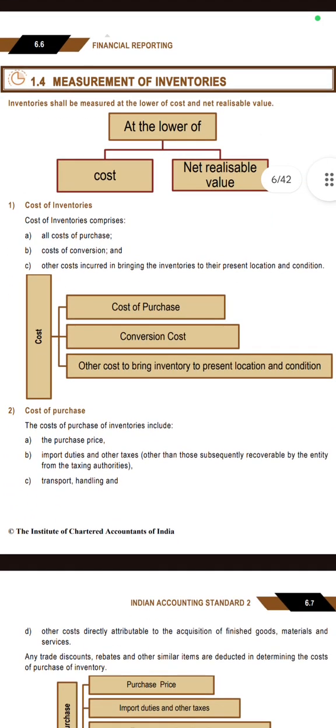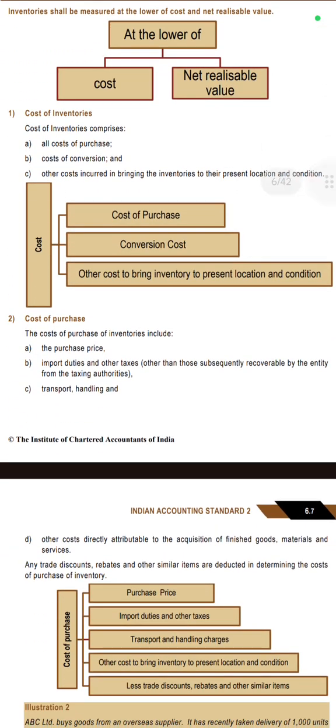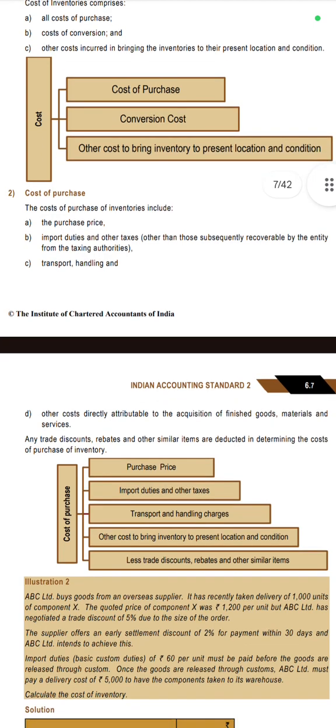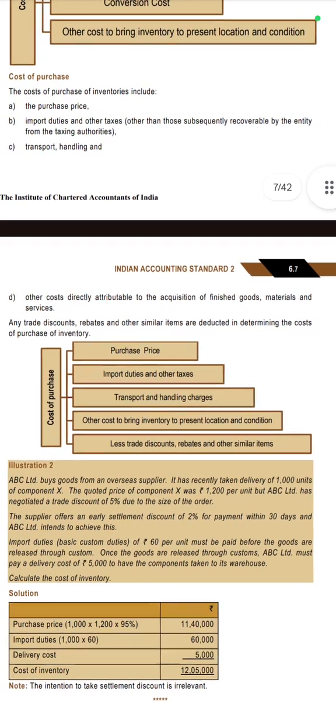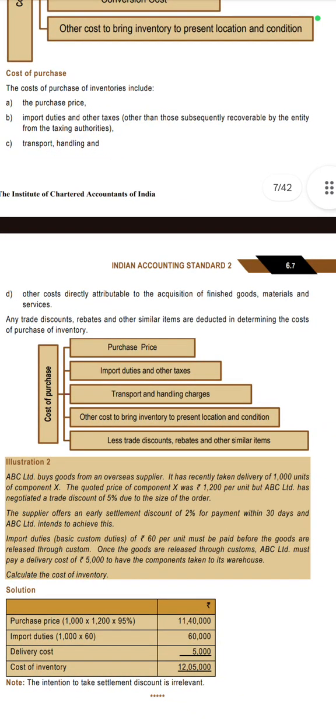The cost of purchase includes the purchase price, import duty and other taxes, transport and handling costs, and other costs directly attributable to the acquisition of finished goods, materials and services. Trade discounts and other similar items are deducted in determining the cost of inventory.